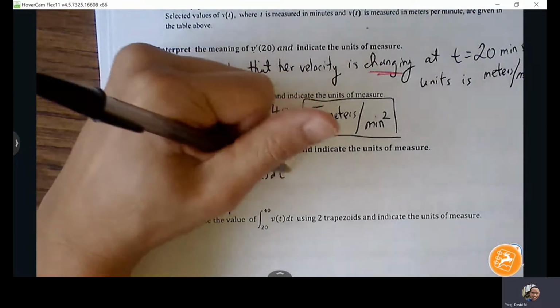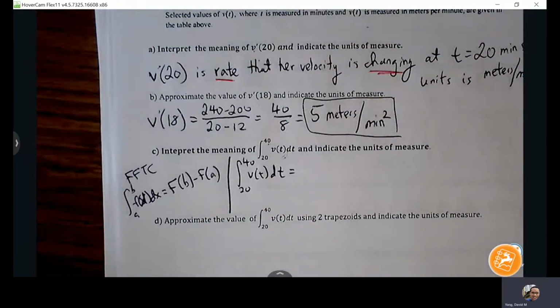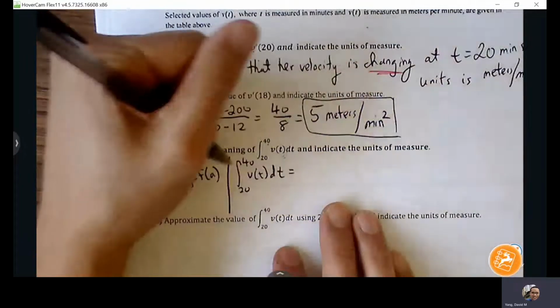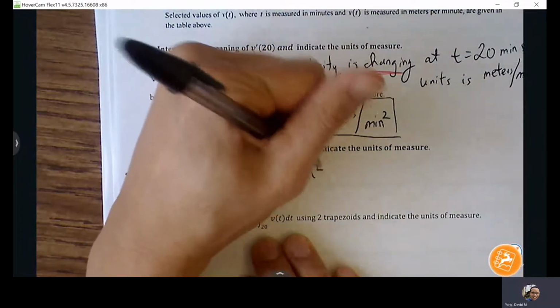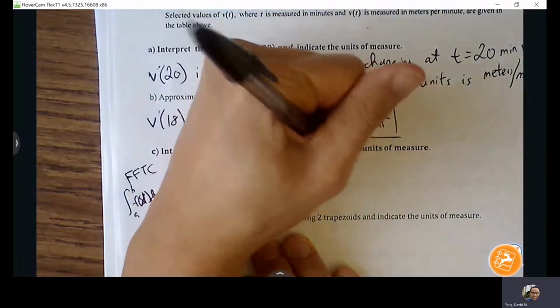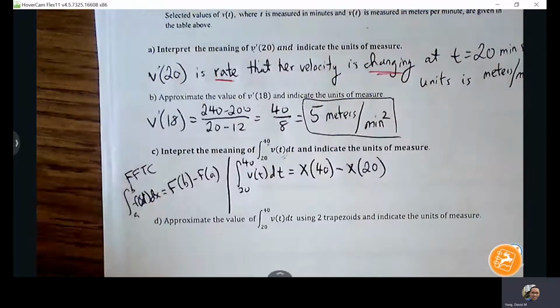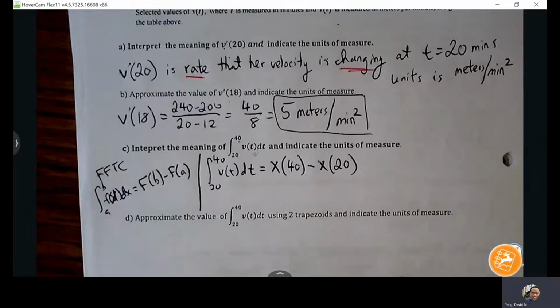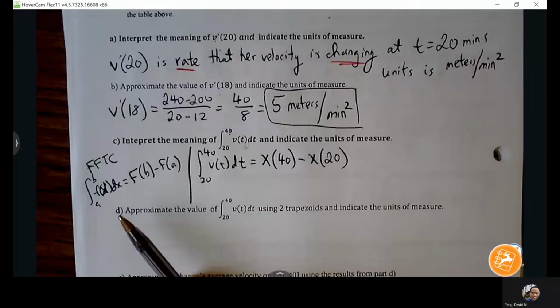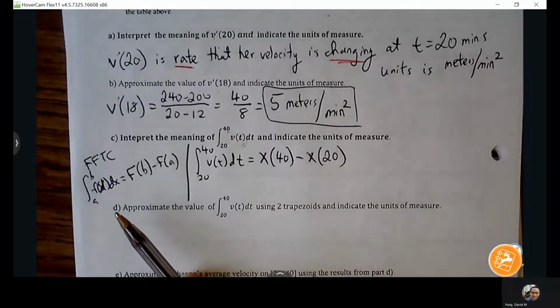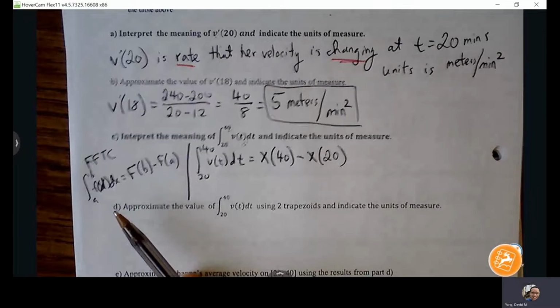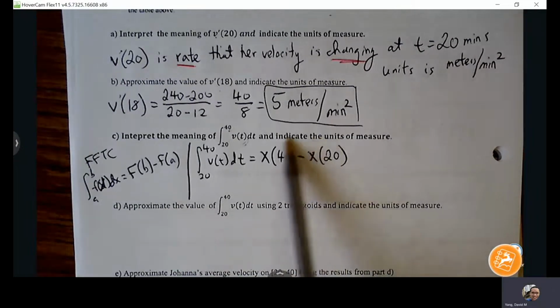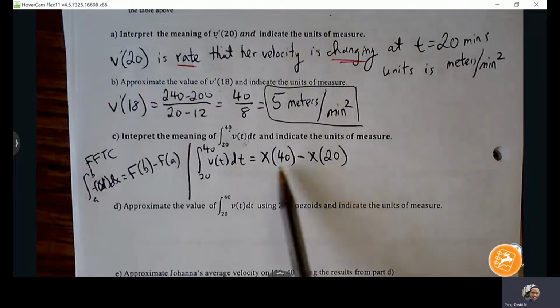We know the antiderivative of v of t will transform into x of t, position. And then once you get your position function, you can just subtract upper bound minus lower bound. So this is x of 40 minus x of 20.